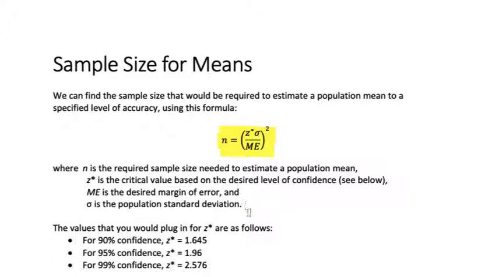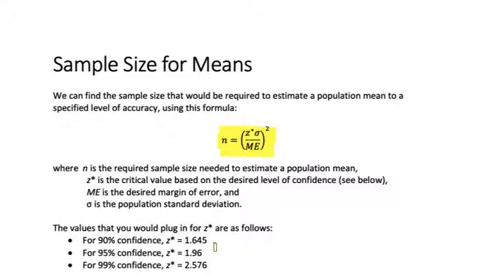Z star is a critical value based on the desired level of confidence, and so the problem is going to give us the level of confidence that they want, either 90%, 95%, or 99%, and we are going to plug in the appropriate z star value. So if it's 95% confidence, we would plug in 1.96 for z star.